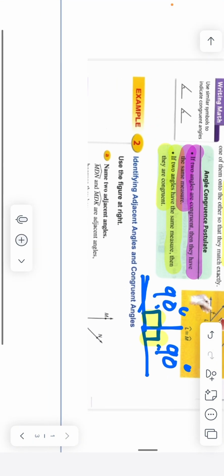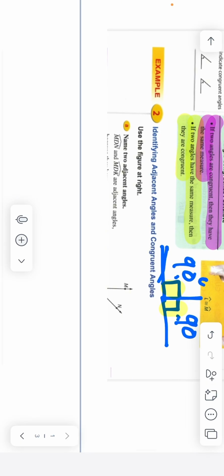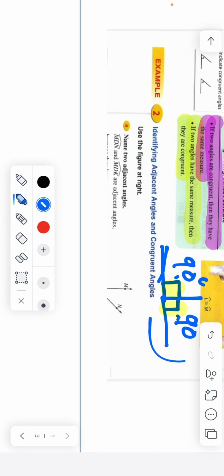Okay, now let's move to example 2, identifying adjacent angles and congruent angles. We have two types of angles for now. Adjacent angles, two angles that are beside each other. Look at the example now, I just drew it. This one. We have two angles. They are both beside each other.